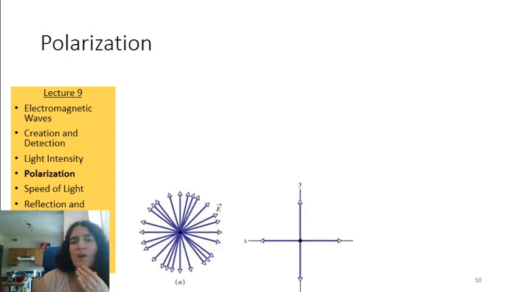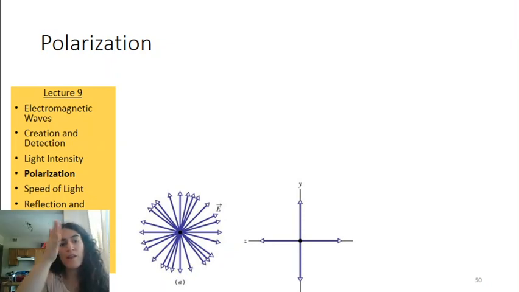Okay, so the way that we want to think about unpolarized light is light where the electric field can basically point in all directions, right? So remember, our picture of an electromagnetic wave is something where the electric field oscillates in one plane, and the magnetic field oscillates in the other as it's moving forward in space.